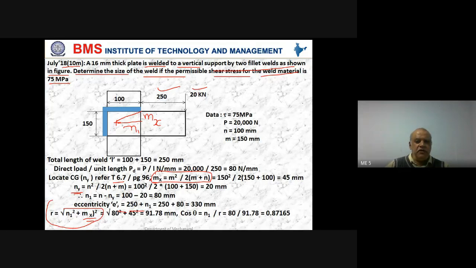So once we know the value of NY, we can find N1, and MX anyway we can calculate from the given equation. So therefore R is equal to root of N1 square plus M square.